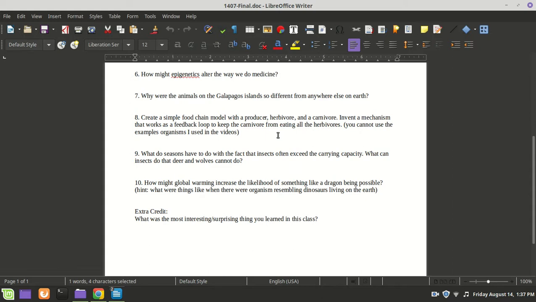Let's see. Why were the animals in the Galapagos Islands so different from anywhere else on Earth? This would certainly be in the long movie, but it could be other places. Think about it. You know enough to know this answer. This would be a hard one in the sense that I'm not sure I stated it directly, but it is stated in the movie, indirectly, and if you just search this question online, you probably get the answer I'm looking for.